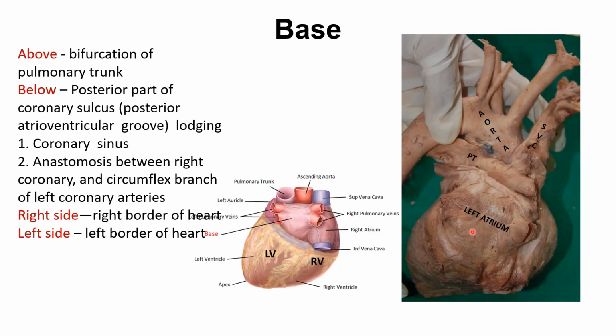And if you see the base above, you are seeing the bifurcation of pulmonary trunk, and below is the posterior part of the coronary sulcus, which is also known as the atrioventricular groove that lodges the coronary sinus, and also the anastomosis between the right coronary artery and the circumflex branch of the left coronary artery.